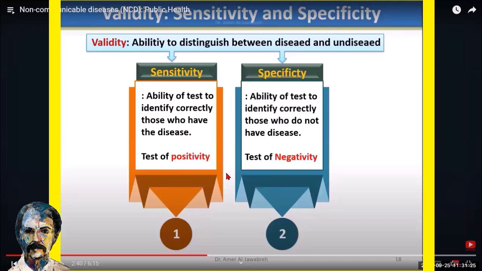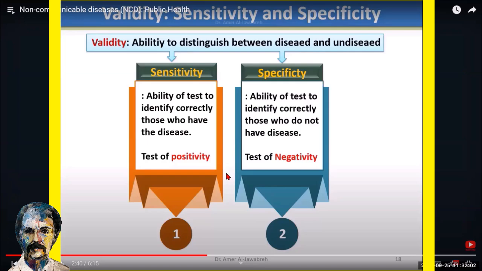Now I am going to tell you something. You might ask me whether we have another definition in clinical chemistry. I will tell you yes. There are two definitions for sensitivity and specificity. One definition is related to diagnosis. We call it diagnostic sensitivity and diagnostic specificity, where you tell whether the patient has the disease or not, diseased or undiseased.